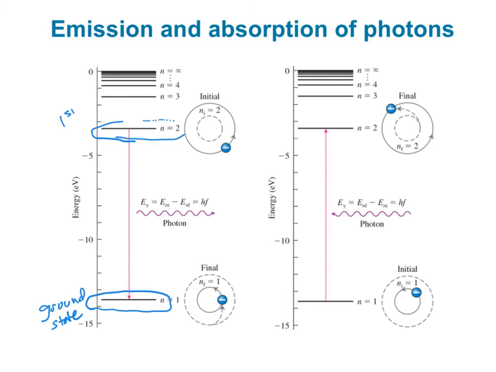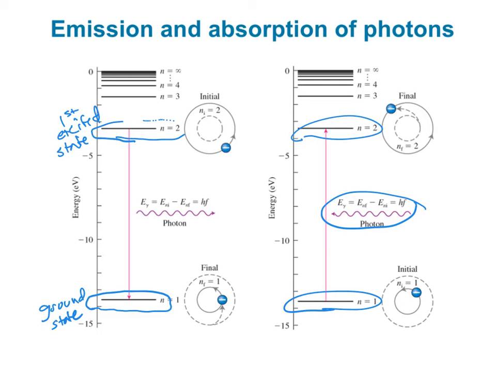So it's the next shell up from the ground state. And in order for an electron to jump from the ground state to the first excited state, it has to absorb a photon. This wavy little arrow is the symbol for a photon. So it comes in, it has to have exactly the right energy that matches this jump. This is a discrete jump from here to here.